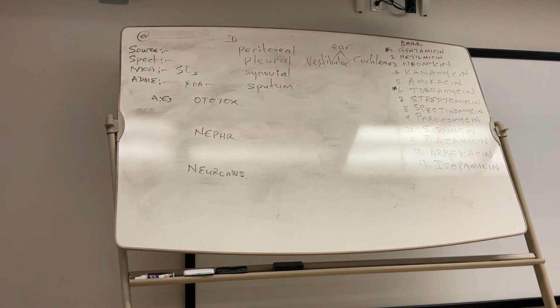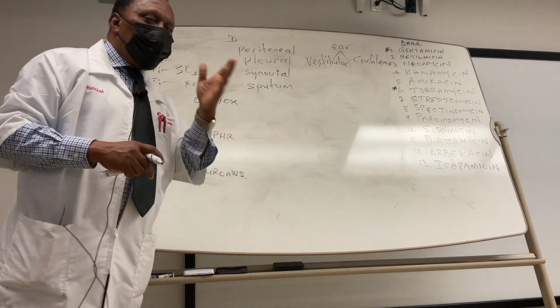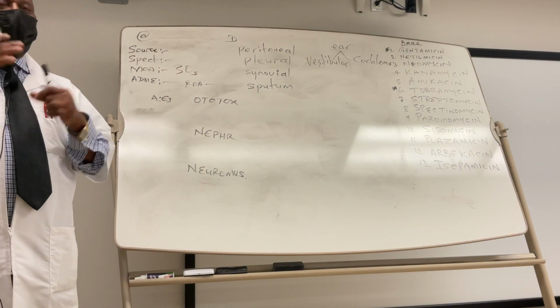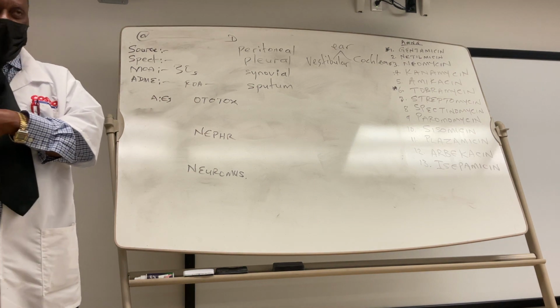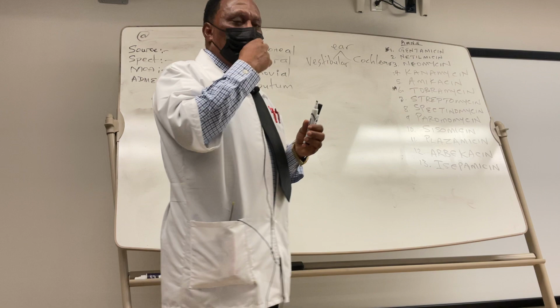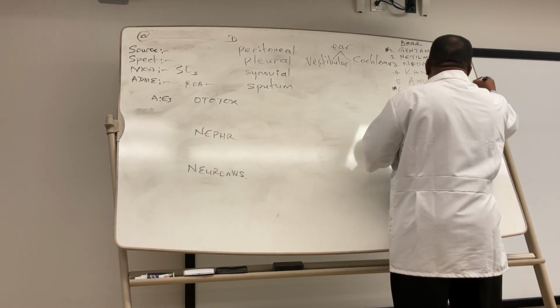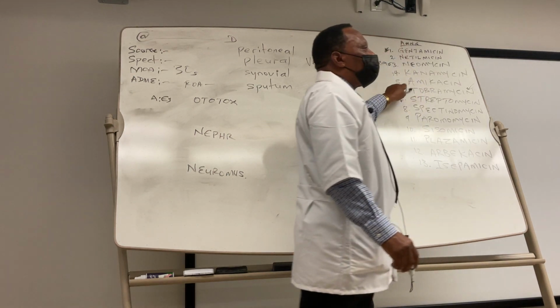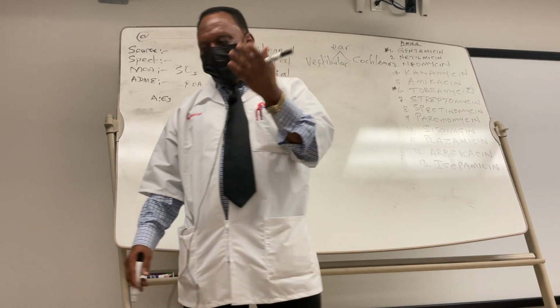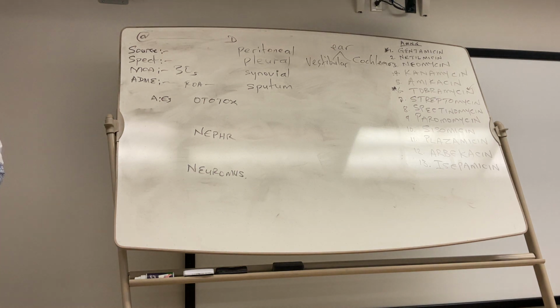Your aminoglycosides can affect both balance and hearing, but to different degrees. For instance, tobramycin can affect both of them almost equally. That is balance and hearing.